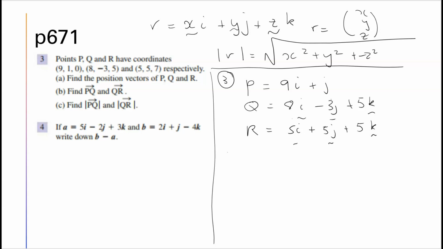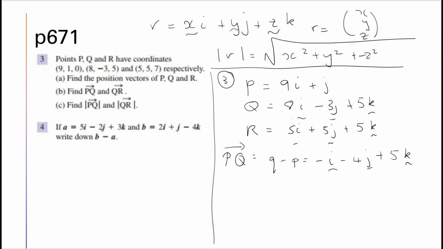Now PQ is going to be Q minus P, which is just going to be 8 minus 9, which would be -1i, -4j, and 5k.